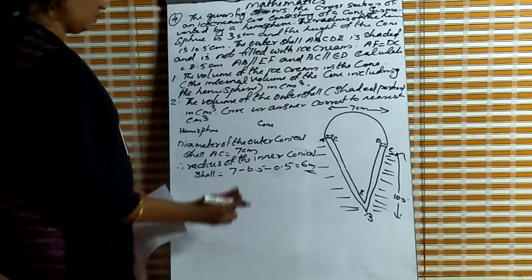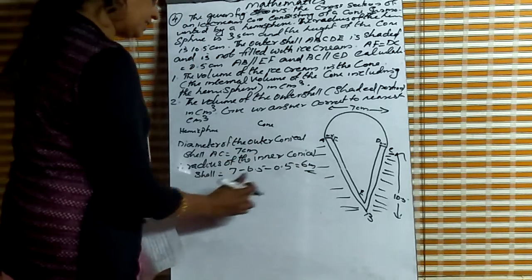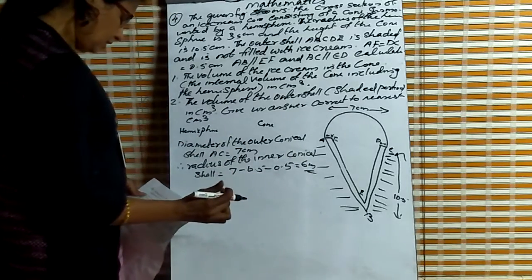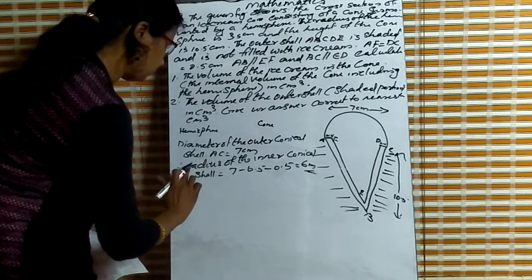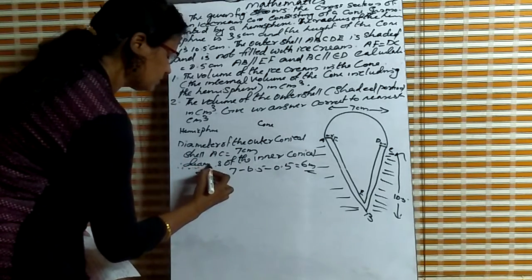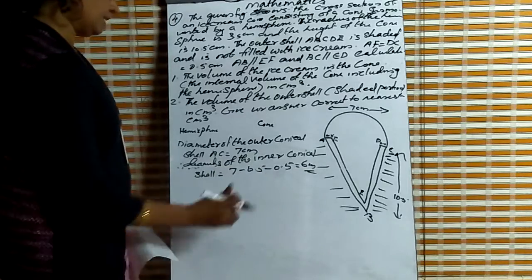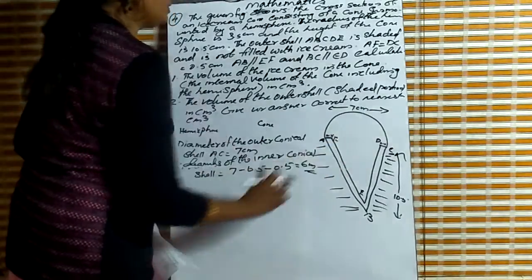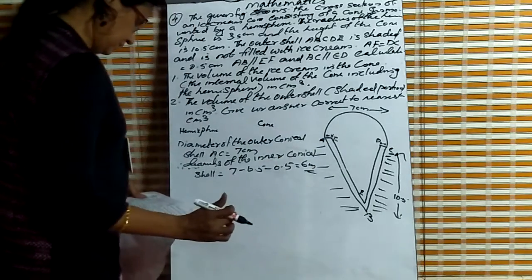So the diameter of the inner conical shell is 6 centimeter and the diameter of the outer conical shell is 7 centimeter.